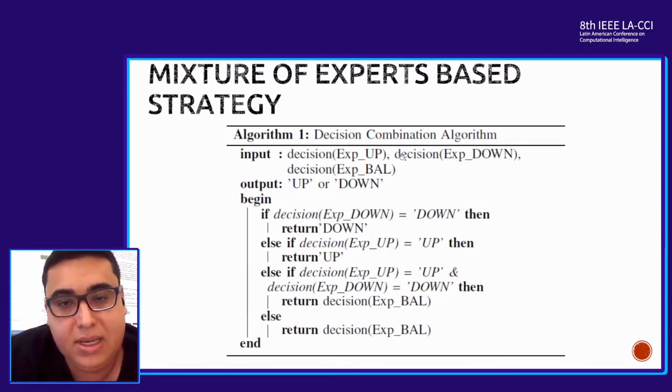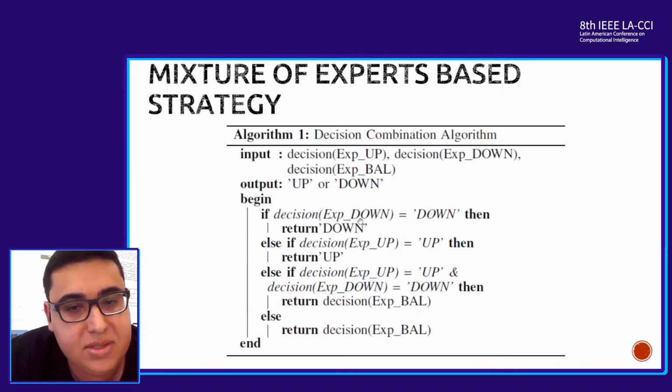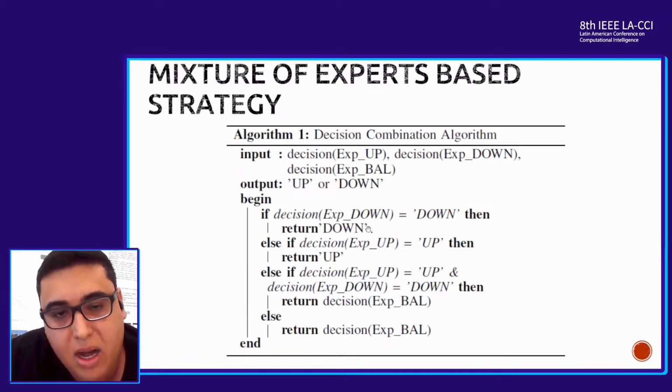So basically, we have these three experts, and we aggregated them to produce a simple output of the machine learning, which is up or down. So we look at the decisions: if the expert in downtrend says that the market is going down, then we return the downtrend output.